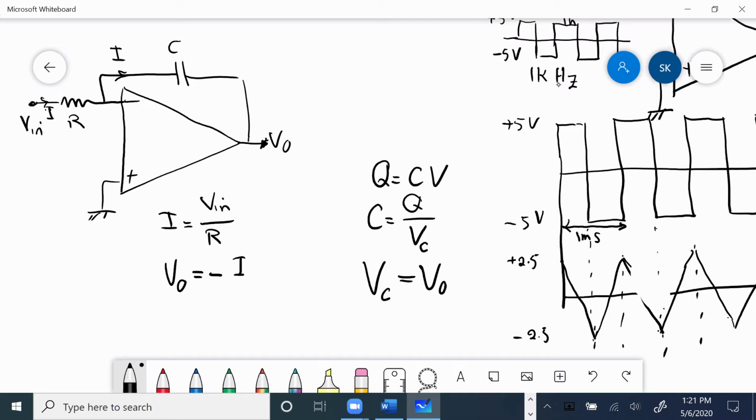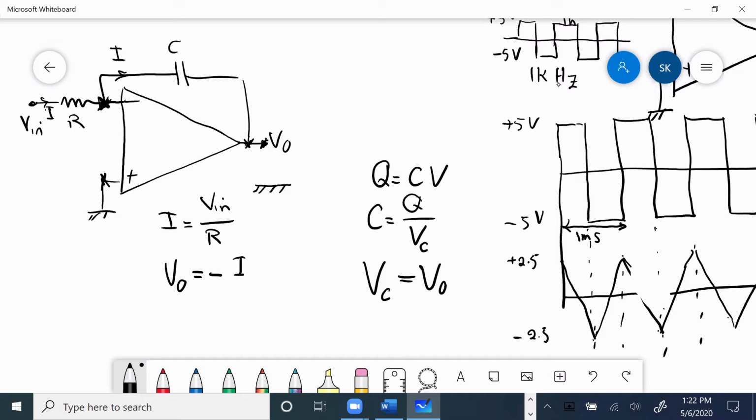The reason being, if I was to measure V out, I would measure it with respect to ground. But since this is ground, this is also ground. Instead of measuring V out with respect to ground, I can measure V with respect to this point.